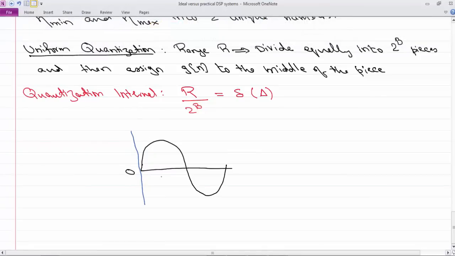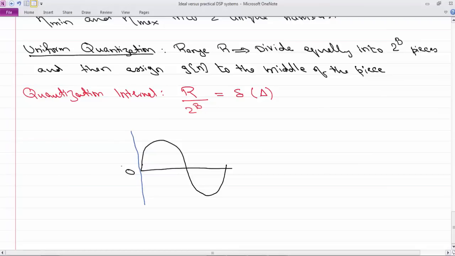And typically, when people talk about quantization, because we already talked about it, if you are given a signal, you can always offset it. So what really matters is the range. So for this discussion, let's assume that the signal is basically symmetric around 0 value. So the first bin, it's traditional to make the first bin around 0, so that the first value that gets assigned is 0 if you fall in that region.